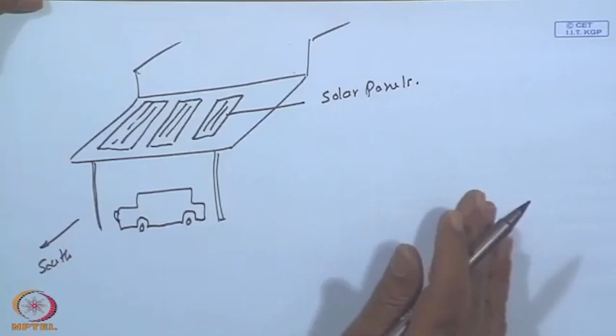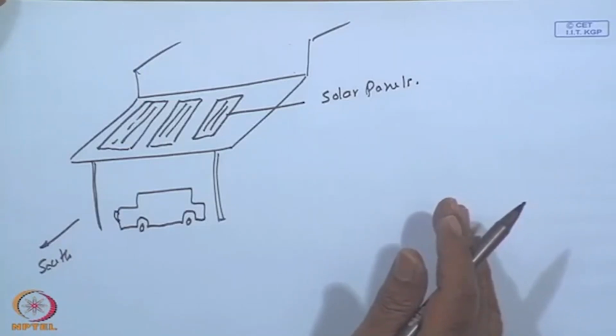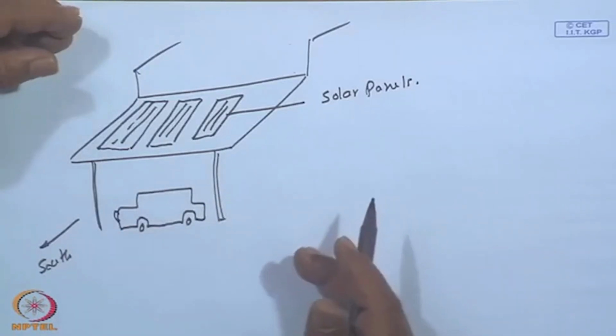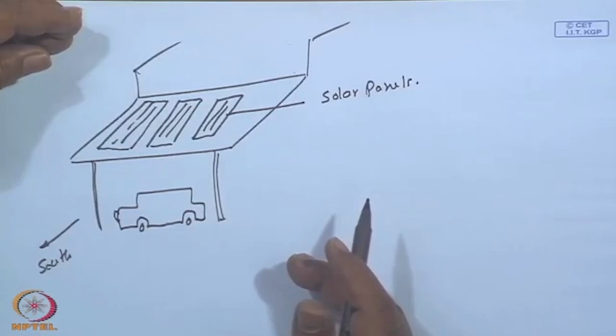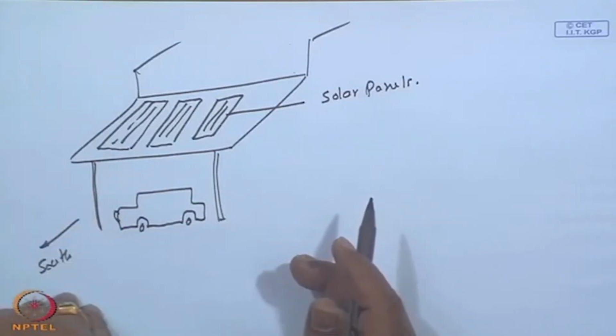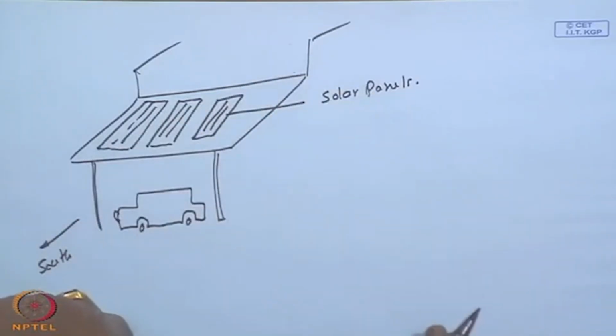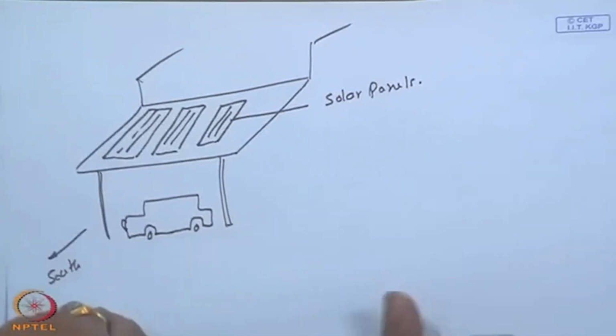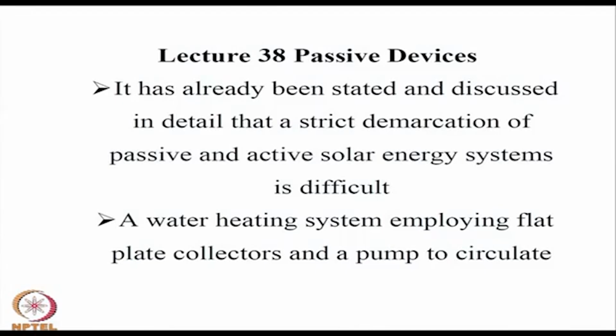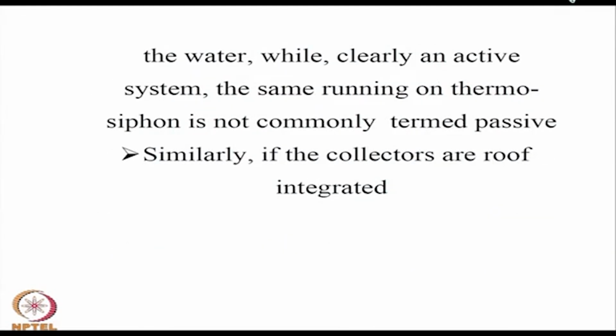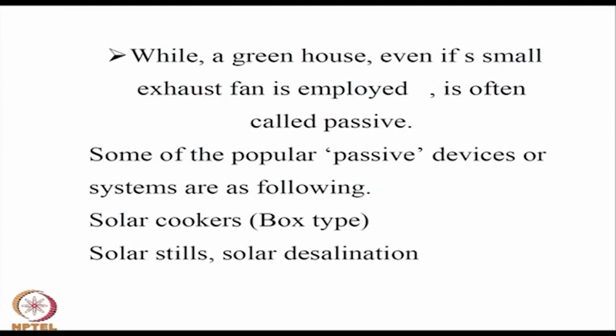This is a very commonly used practice, and still we will call it an active system, even though it is a part of the architecture. So, this we have said.